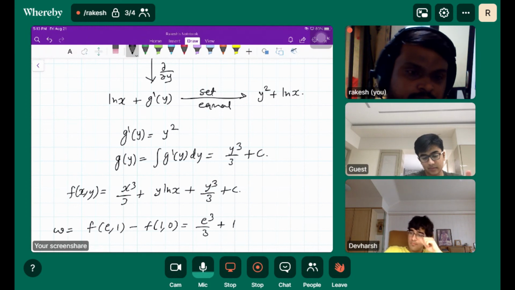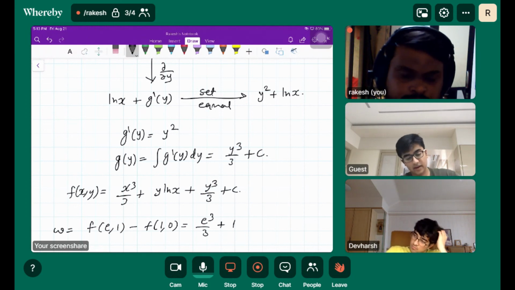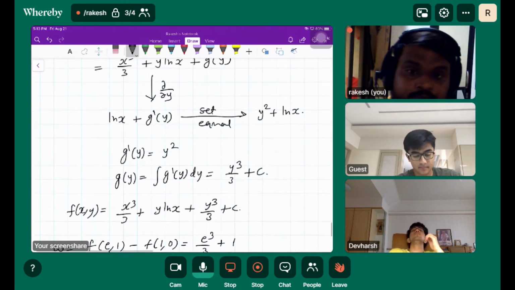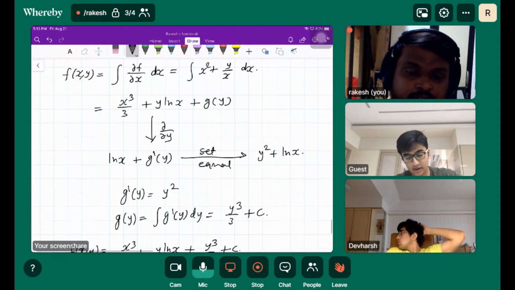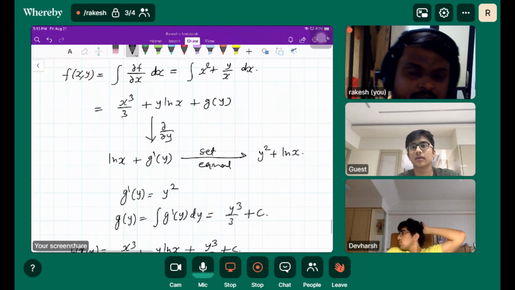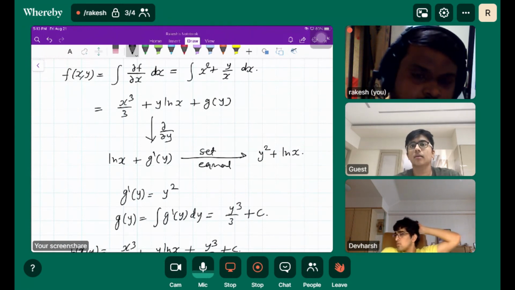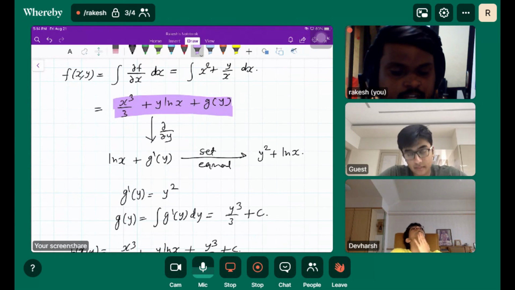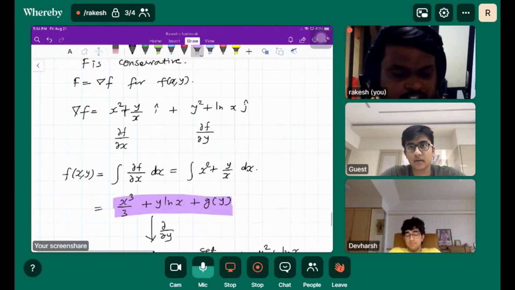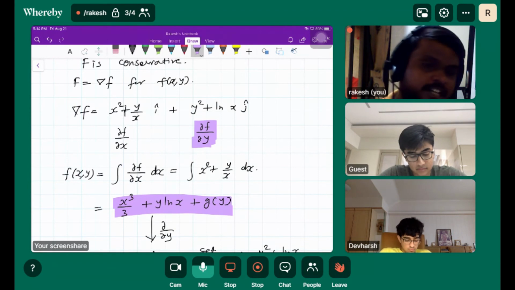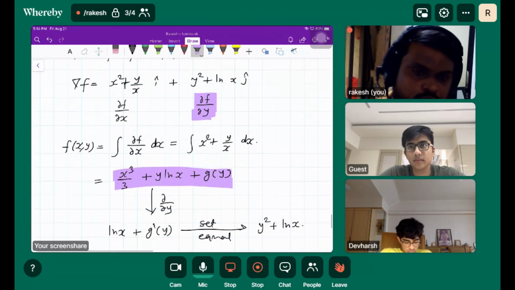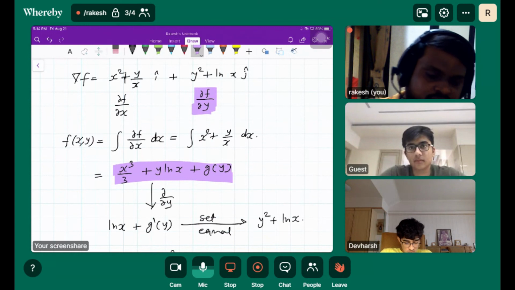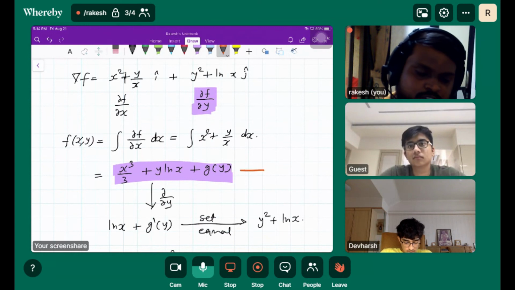I have integration of del f by del x dx. So there I understood. Since this is a function, to have some idea about g of y, we differentiate this function with respect to y.